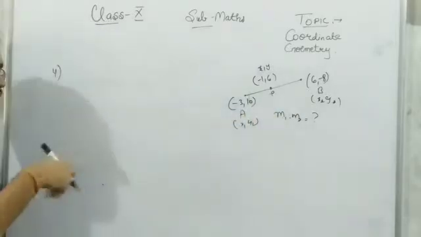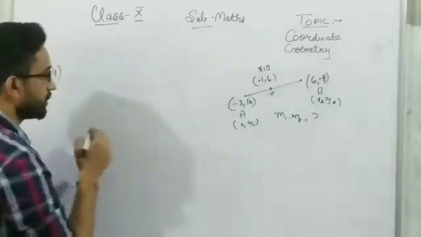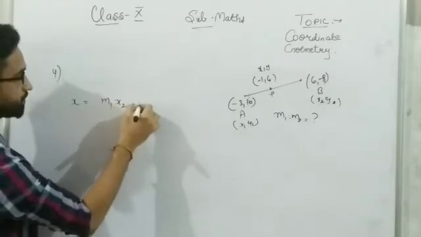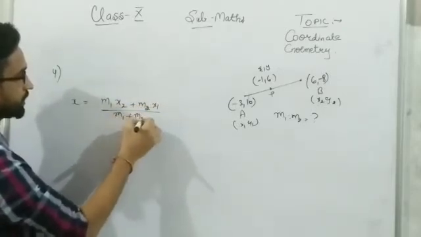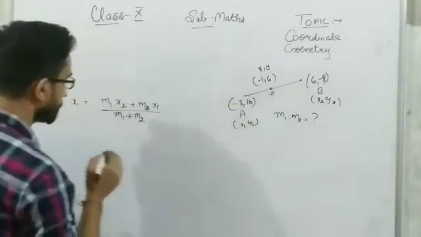So what we will do, we'll let the ratio be m1 : m2 only, and apply the section formula. The section formula says x = (m1 x2 + m2 x1) upon (m1 + m2), and x here is -1.